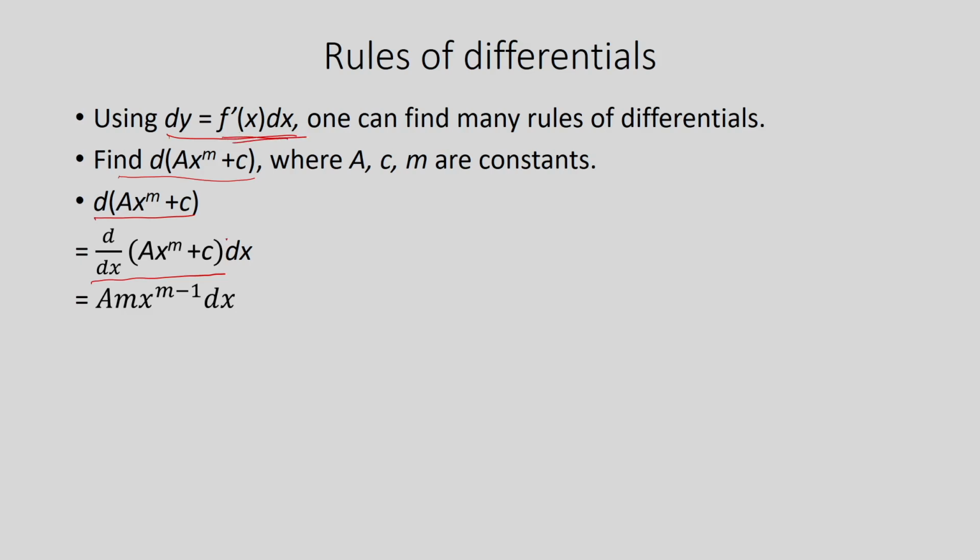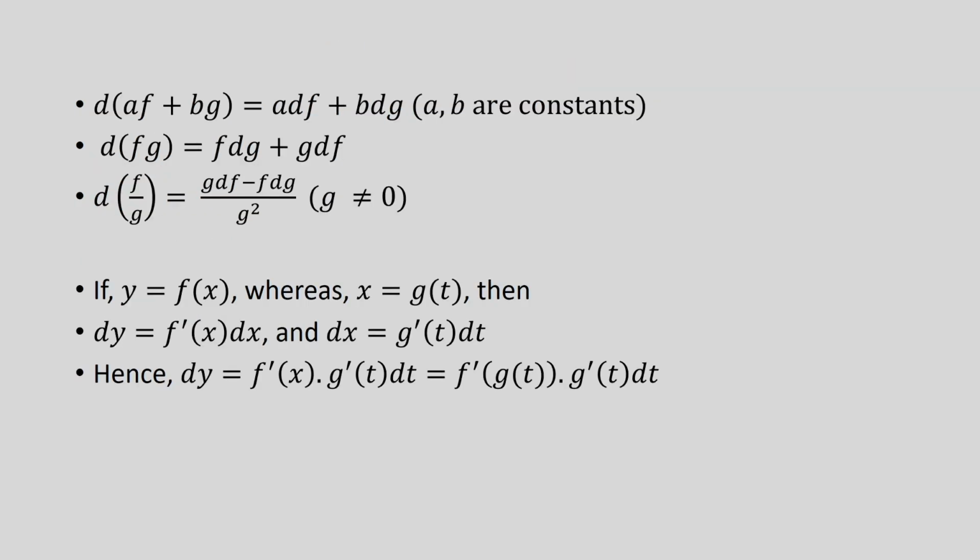So, f dash of x is this part and dx is this part, and then I just use the power rule and I get capital A small m x to the power m minus 1 dx. That is the expression that I was looking for. And here are certain other rules of differentials.